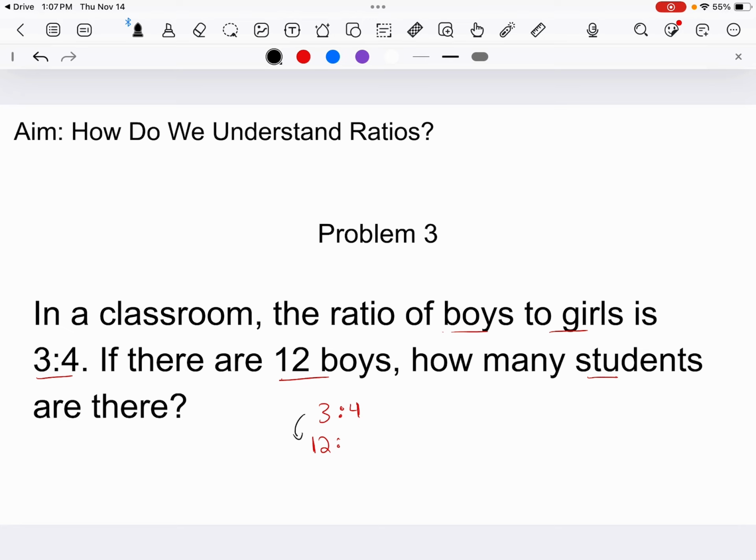Just like changing fractions, if I multiply this side by 4, I'm going to multiply this by 4 to get 16. So that means that there's 12 boys and 16 girls. So together, there would be a total of 28 students.